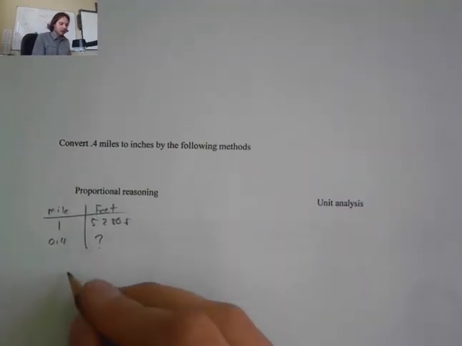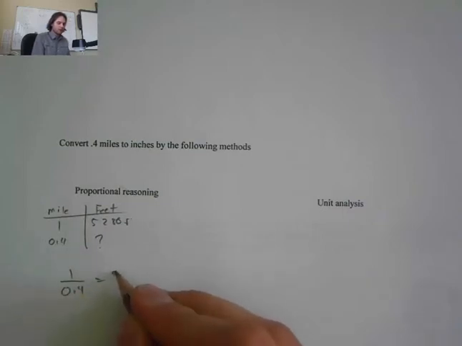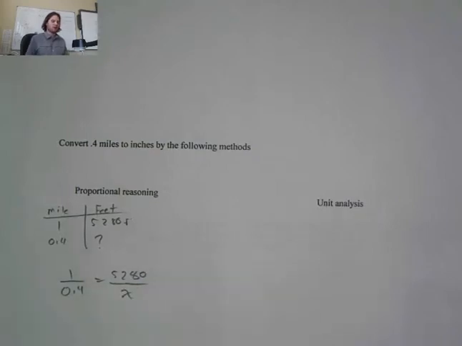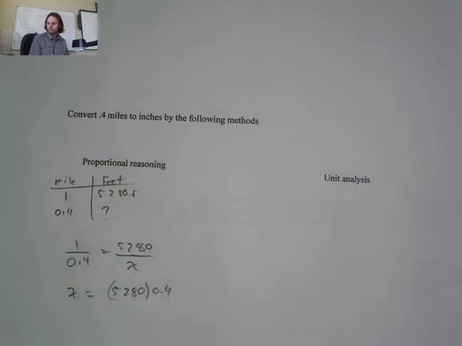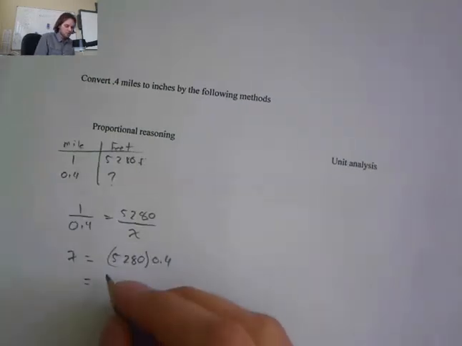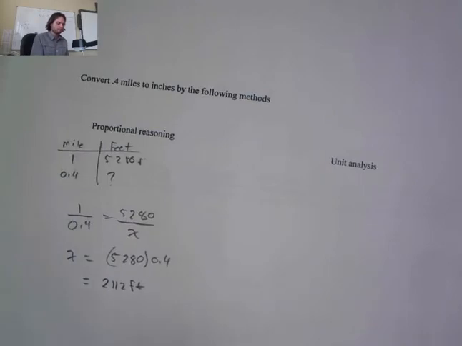So we have 1 all over 0.4 is equal to 5,280 all over my x, my unknown. So I'm going to solve for x here. X is equal to 5,280 multiplied by 0.4. Now, when I multiply this together, I'm going to end up getting 2,112 feet.